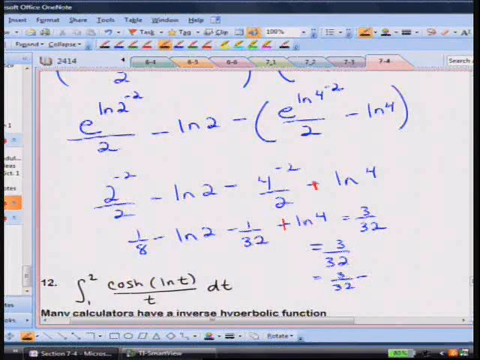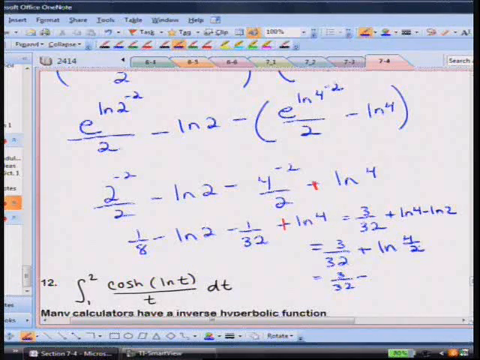Okay, 3 over 32. And then this is minus ln 2, and this is plus ln 4. So I'm going to write this as plus ln 4 minus ln 2. Everybody okay with that? Just switched them around? Okay, and then when you have the difference of the individual logs, that's the quotient inside a single log. So this is plus ln of 4 divided by 2, which is plus ln 2.